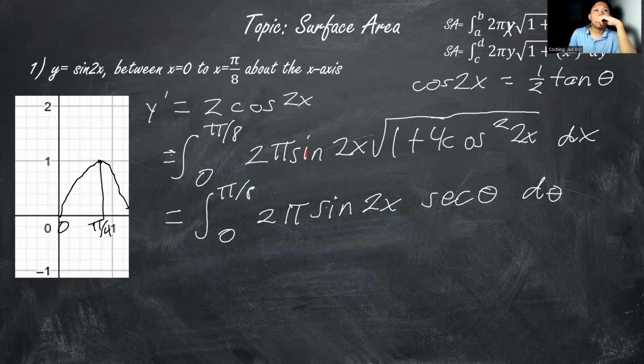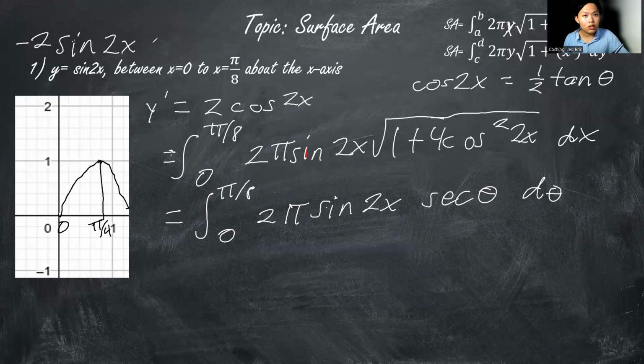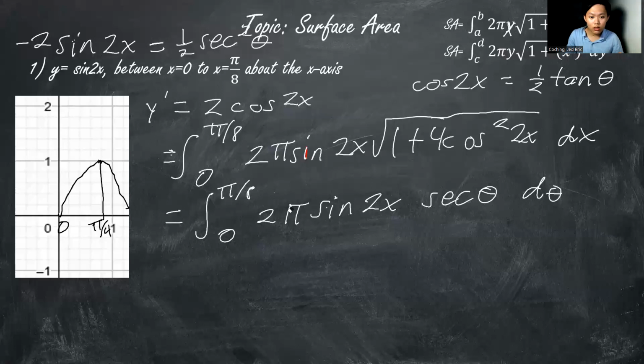Oh yeah, I forgot. There's another formula we can use. Negative 2 sine 2x is equal to 1 half secant squared theta. So you can just erase this.